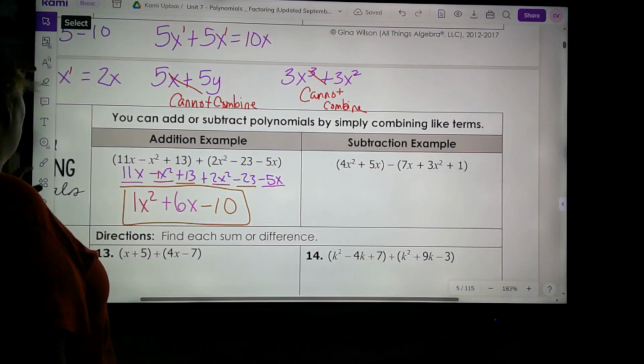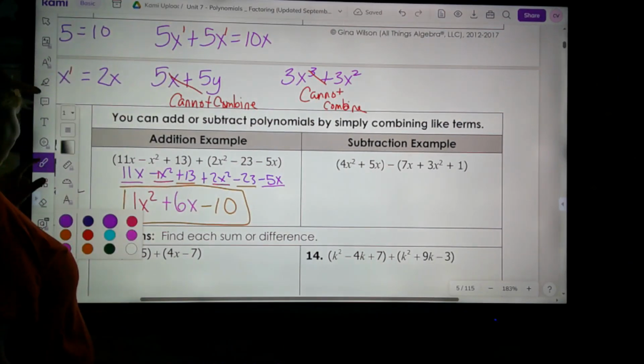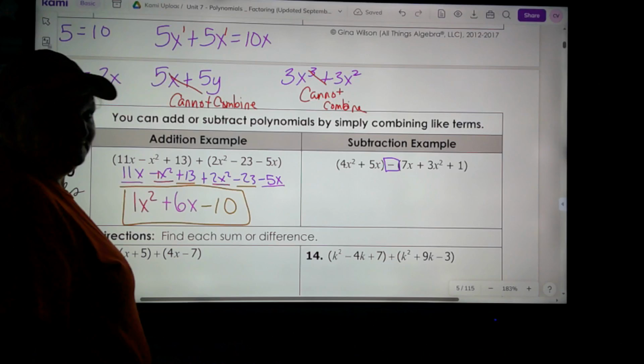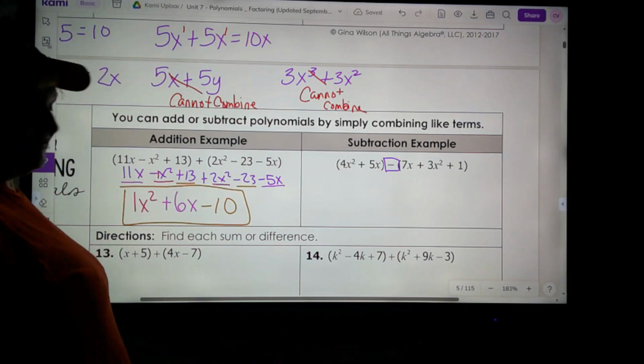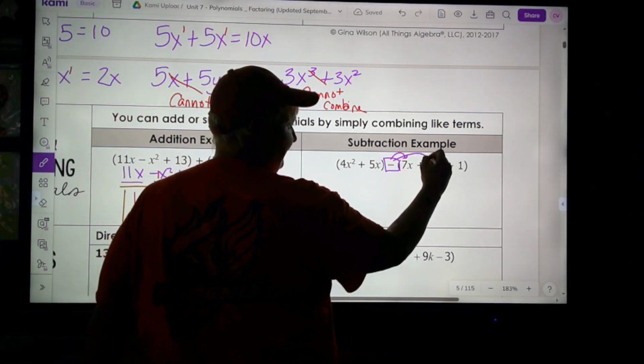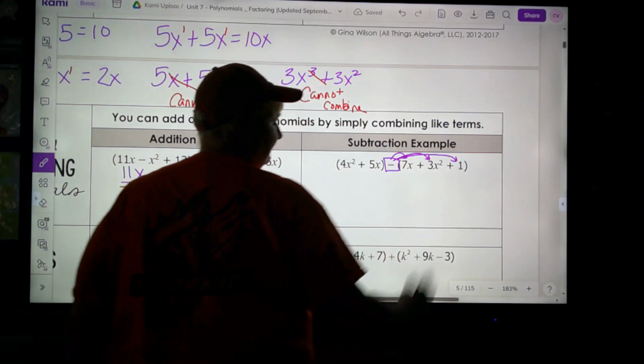Right? Now, the only difference with it being subtraction is you have to distribute that first. To get rid of the parentheses, you have to distribute it. Right?